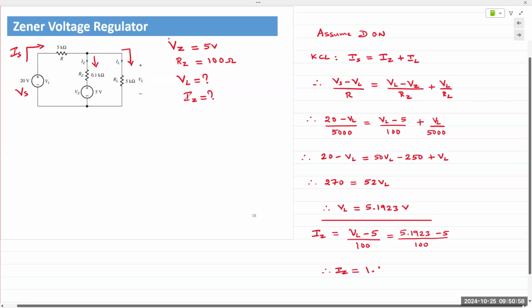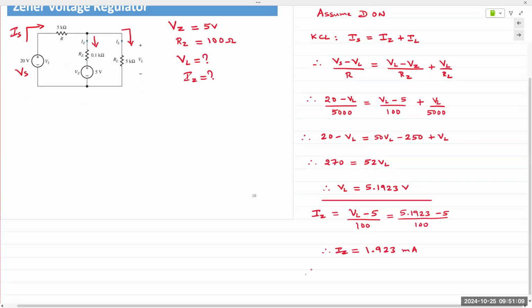So it's 1.923 milliamps. And since IZ has a positive value, our assumption is valid.